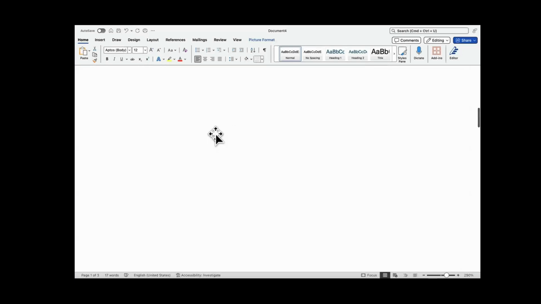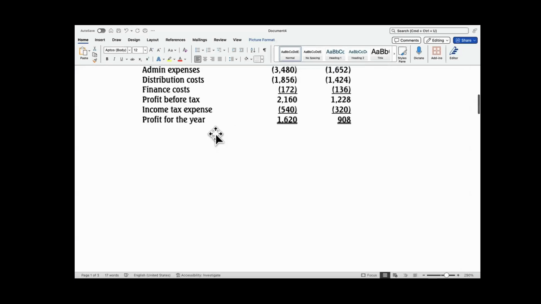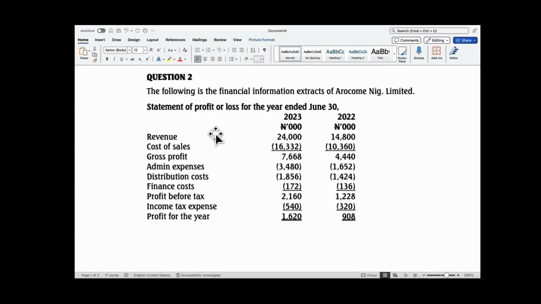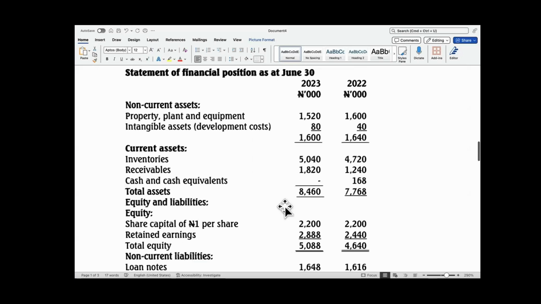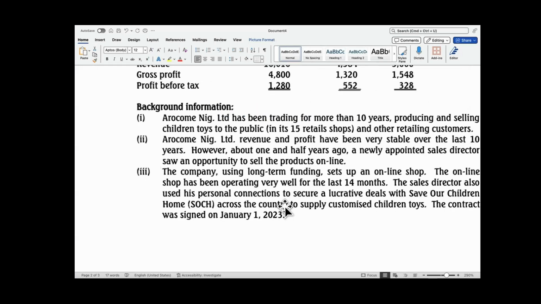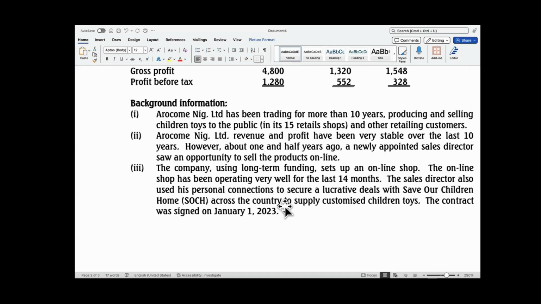So they gave me the P&L of this company, of Agrocom, and I was given the statement of financial position of Agrocom as well. And they gave me information on some segments. Now, you see, when you want to analyze ratios, the question always comes in this format, because they will give you some context around what is happening with the company.